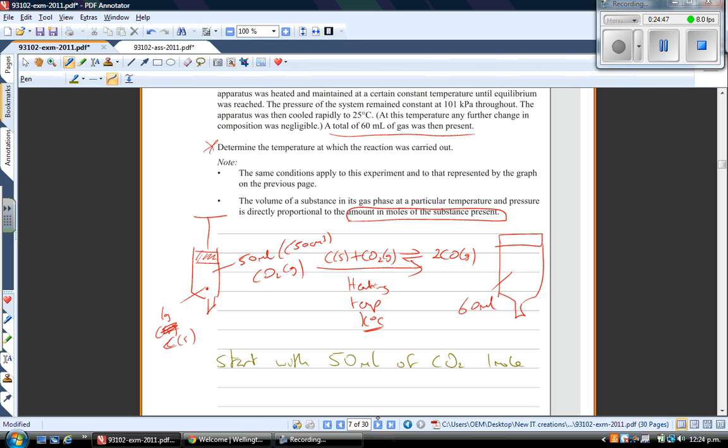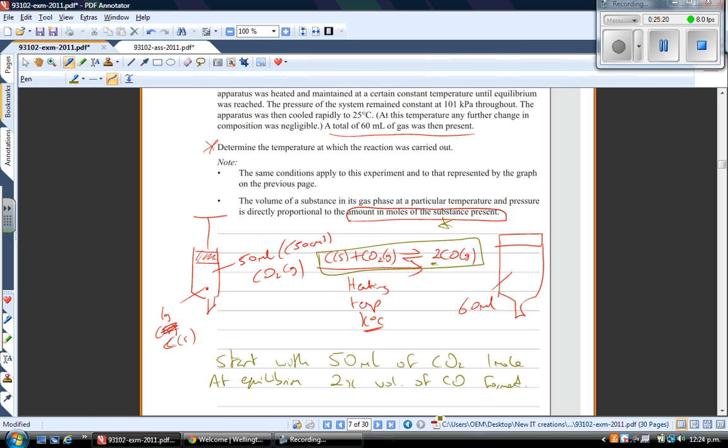We don't know the volume of carbon monoxide formed, so we just do 2x represents the volume of carbon monoxide formed. This is using this statement here and our equilibrium equation. So we have 2 moles. So at equilibrium, 2x represents the volume of carbon monoxide formed.